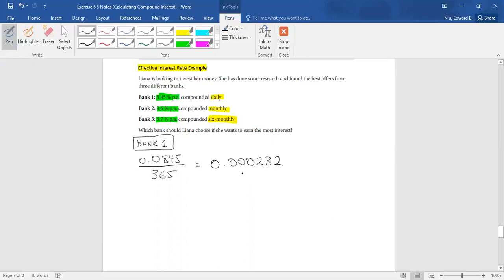What that means is we take this value and we put a 1 in front of it.